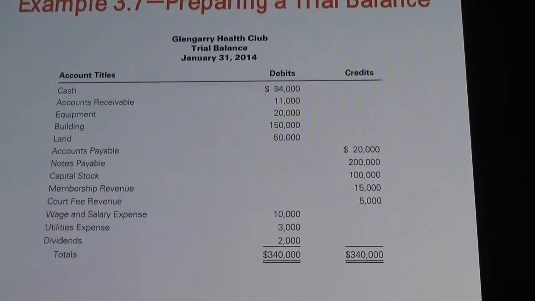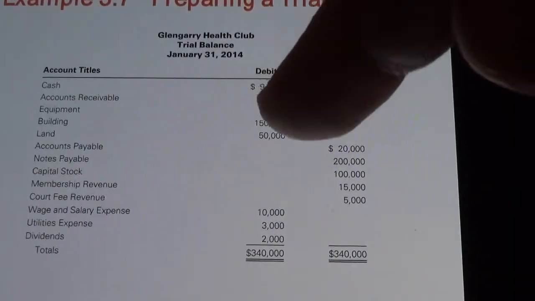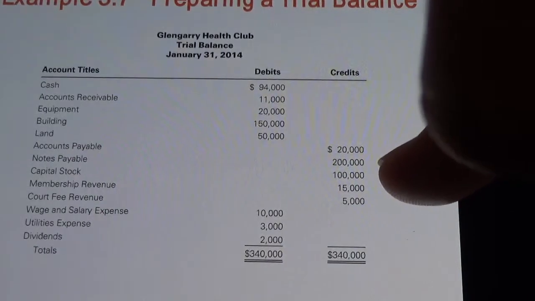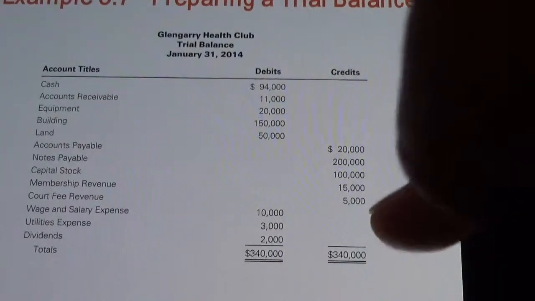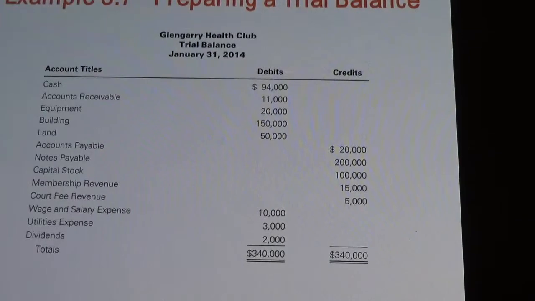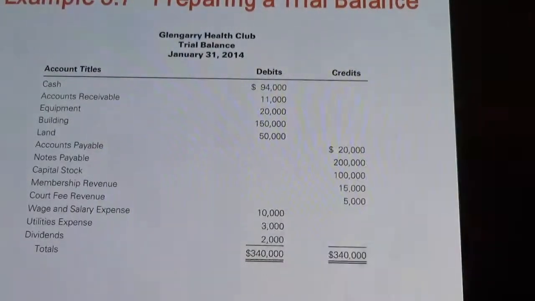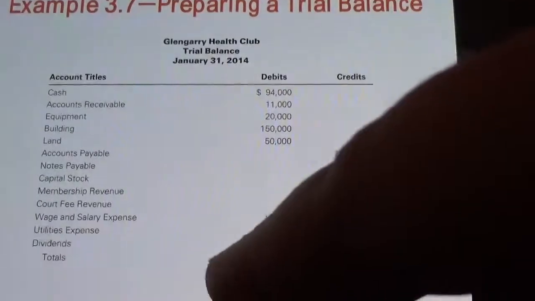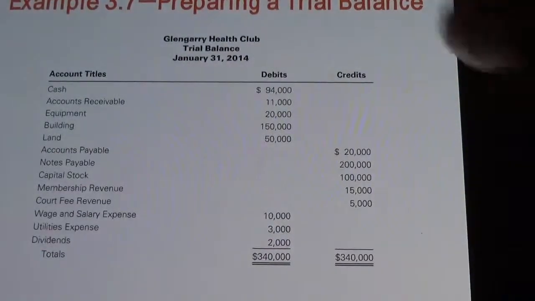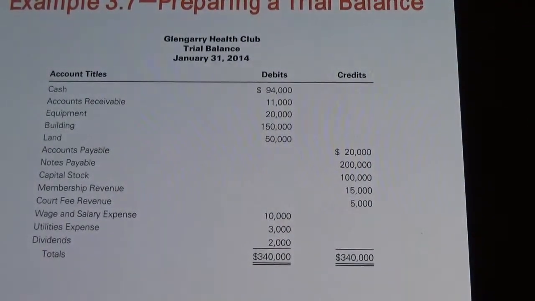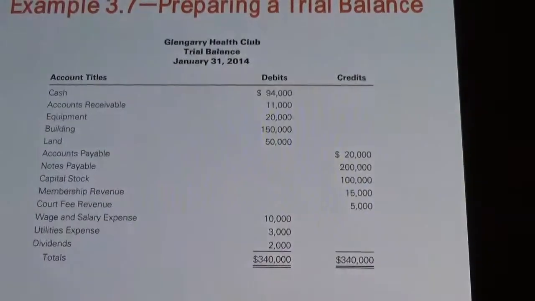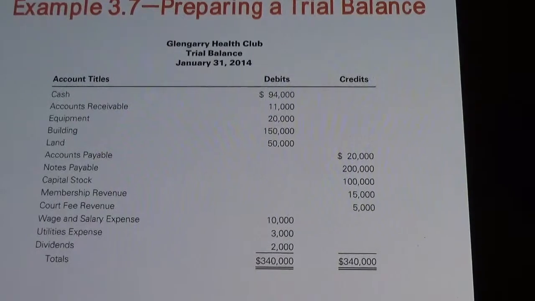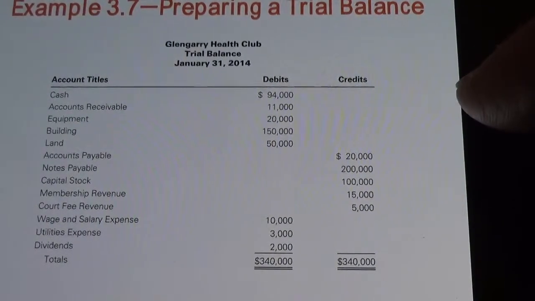And so we list all the asset balances as debit balances, the liability accounts and the equity accounts, and the revenues are listed as credit balances, and then our expenses and dividends are listed as debit balances. And all of our debits add up to $340,000. All of our credits add up to $340,000. So we are in balance, and it would be fine to go ahead and make the financial statements for this company for January.